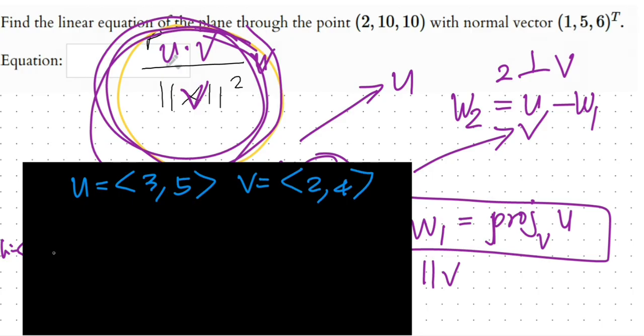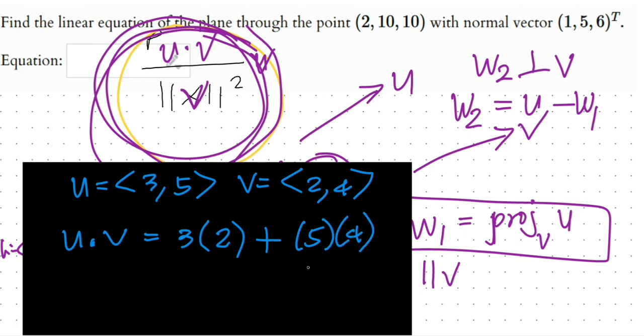Okay, so the dot product of u dot v is just the product of the x values, which is 3 and 2, plus the product of the y values, which is 5 and 4. So that is the dot product.